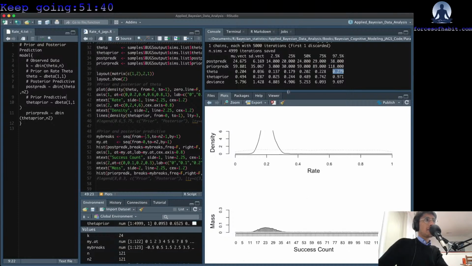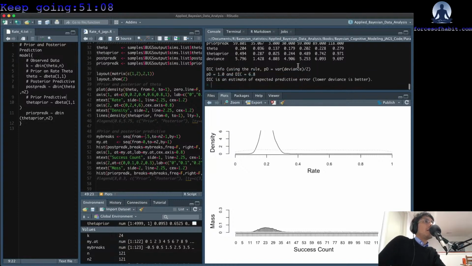So successes range from 14 to 38. That's interesting. So the way it outlines it over here, I'll pull it up.